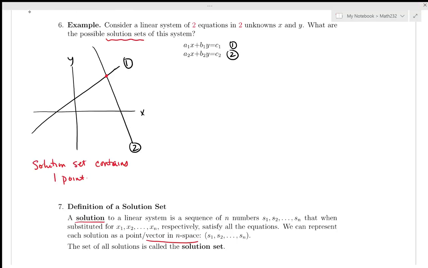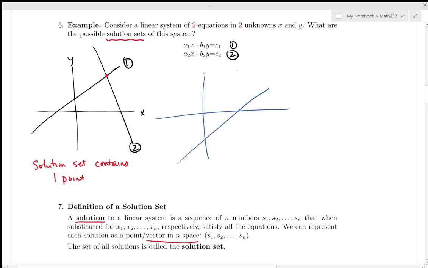There are other possibilities. Let's take a look at another possibility. I have 2 lines, and the one line looks like that, and the other line looks like that. These are parallel in my drawing. So this perhaps could be the line representing equation 1, and here's the line representing equation 2, and they are parallel.